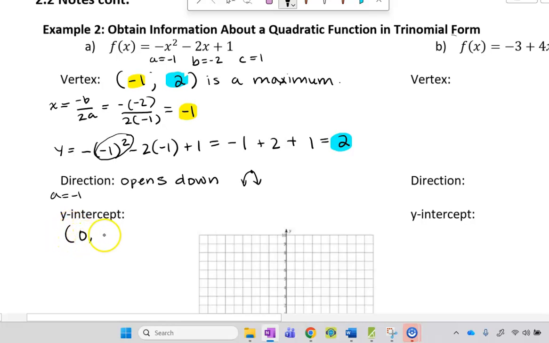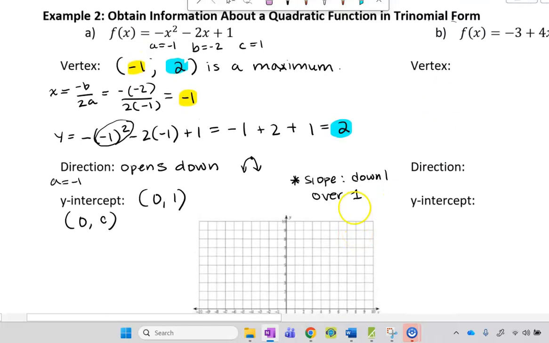So the y-intercept is 0, c, which is going to be 0, 1. And last little note I want to make, just in case it helps me, is my slope to get my 2 points. Remember, we use a for our slope, so that is -1. So slope would be down 1 over 1, because a is -1.